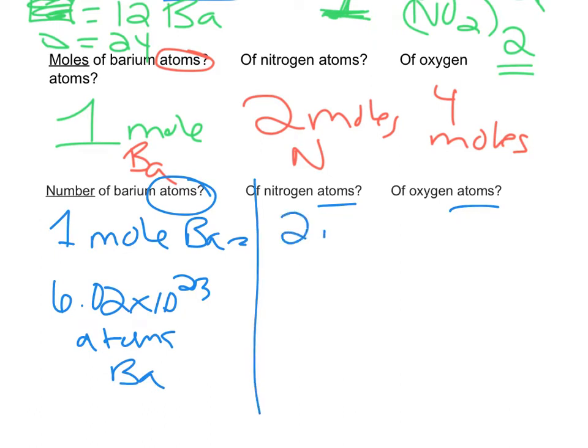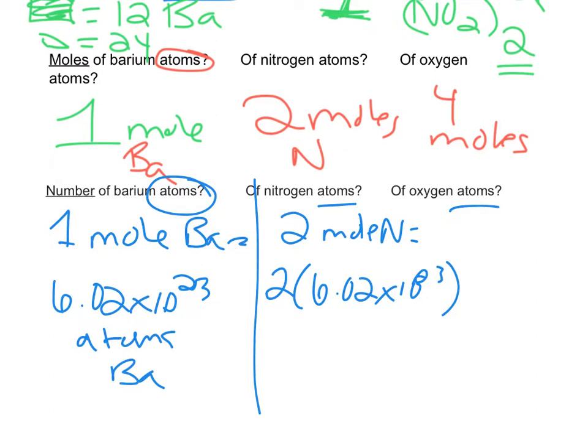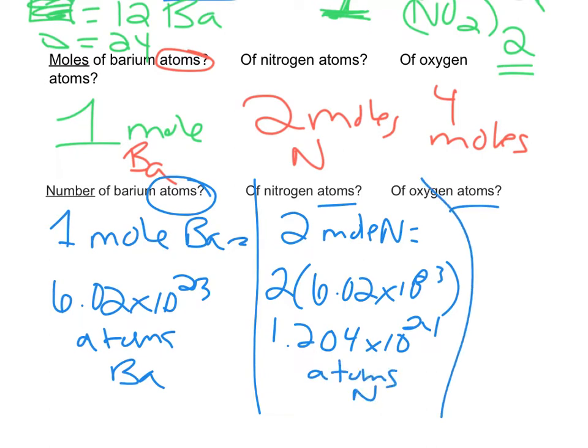If you had 2 moles of nitrogen, you would have 2 times the mole number, which would equate to 1.204 times 10 to the 24th atoms of nitrogen.